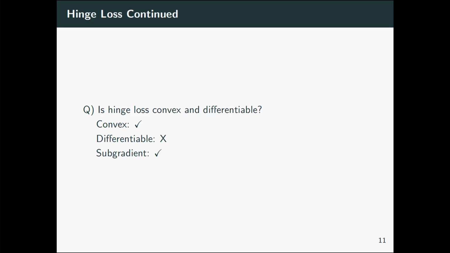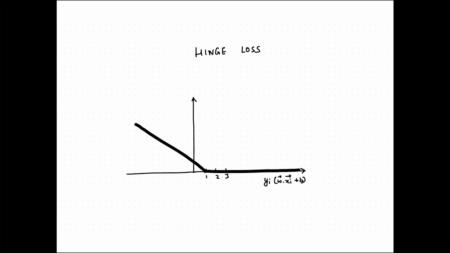If we talk about the hinge loss, it's convex, as you saw in the visualization. So you could always draw 2 points on this curve, and the line joining those 2 points would always be above the actual curve.